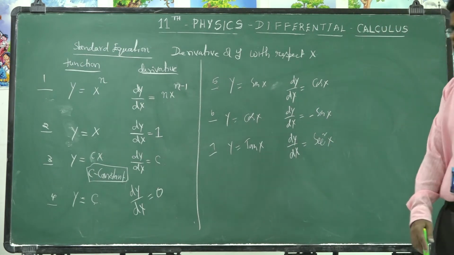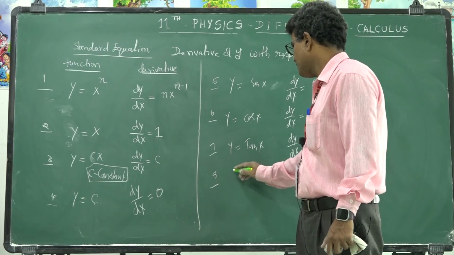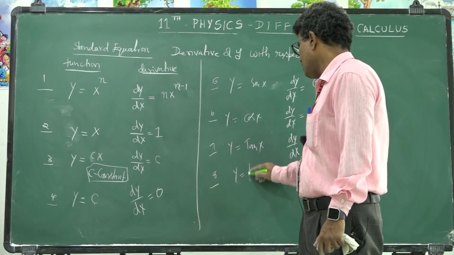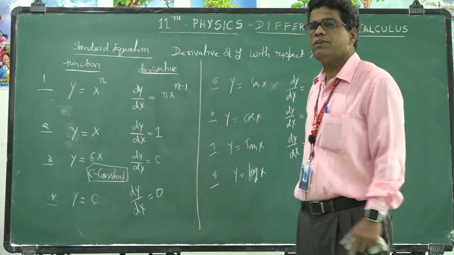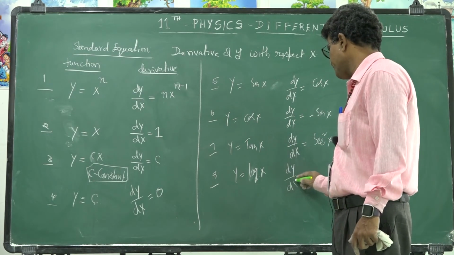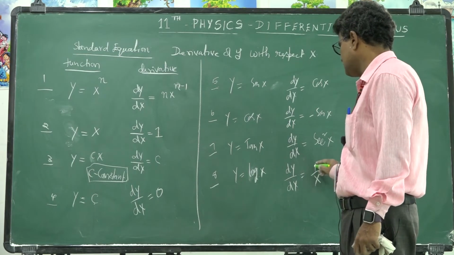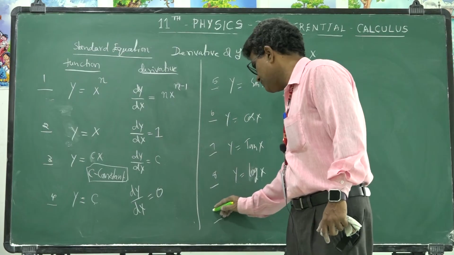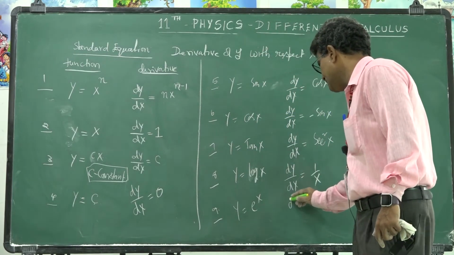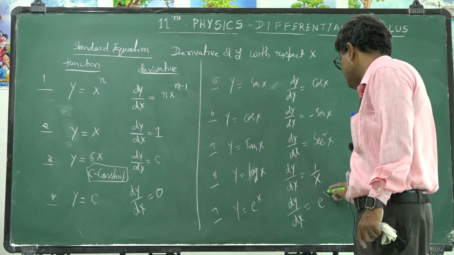These are some formulas I am introducing. And eighth one, suppose y is equal to log x, a logarithmic function, then dy by dx is equal to 1 by x. Ninth one, y is equal to e to the power x, you will get dy by dx is equal to e to the power x.